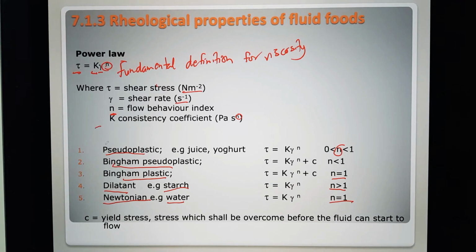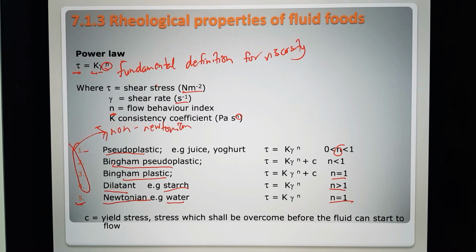From 1 until 4, this is known as non-Newtonian fluid, whereas the fifth behavior is known as Newtonian fluid.